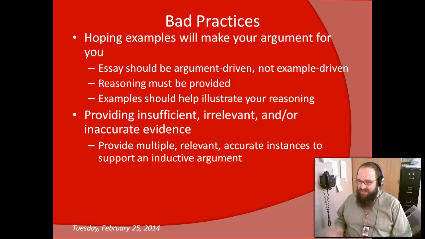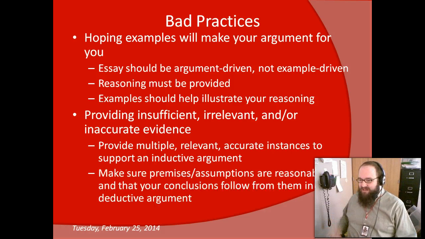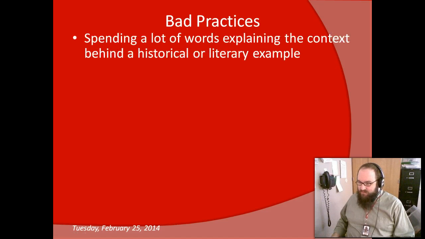Perhaps cite something that FDR did during World War II, something that Kennedy or LBJ did during Vietnam. That starts building a broader body of evidence. So make sure that you provide multiple relevant, accurate instances to support any inductive argument. In deduction, make sure your premises and assumptions are reasonably true and that your conclusions follow from them. Otherwise, it's just not good reasoning, and you've got logical fallacies.